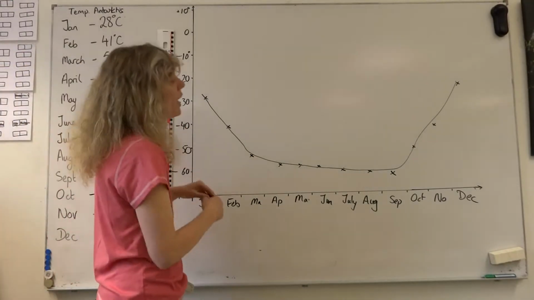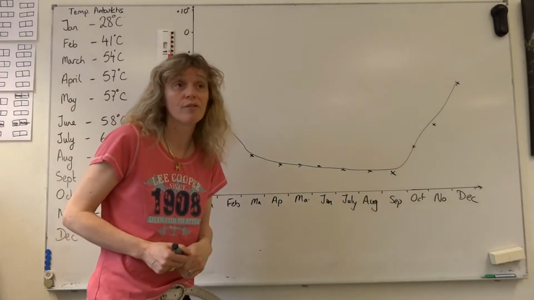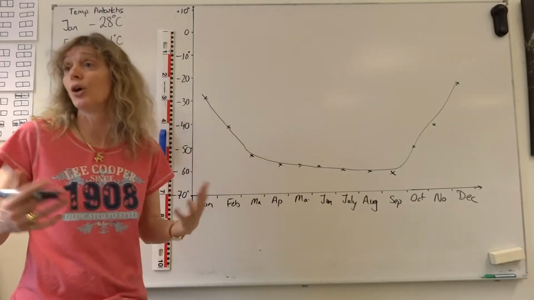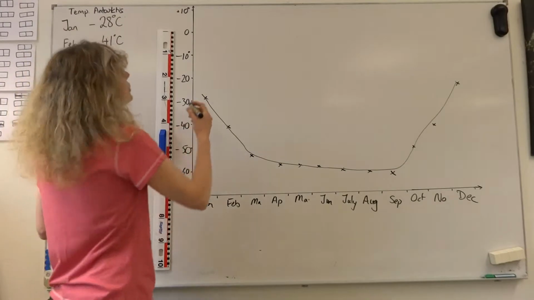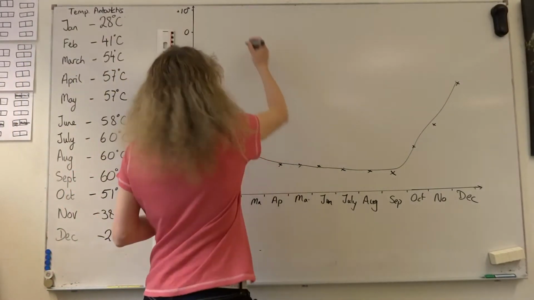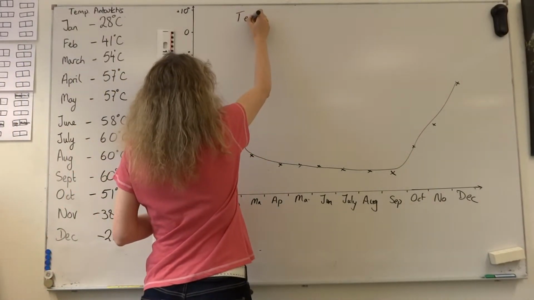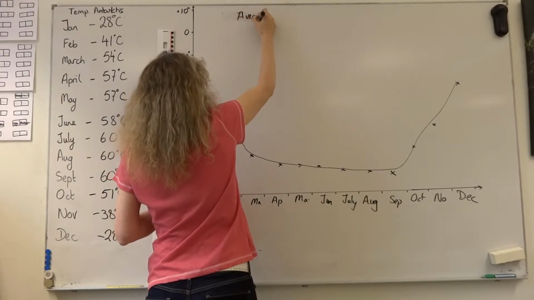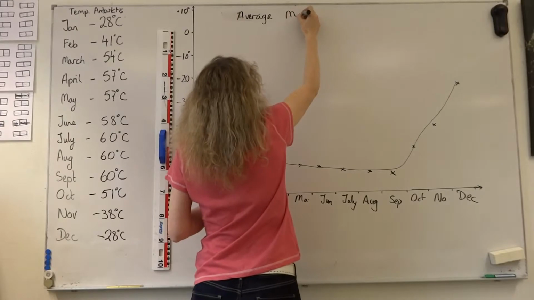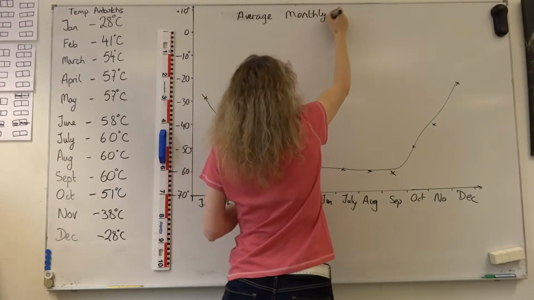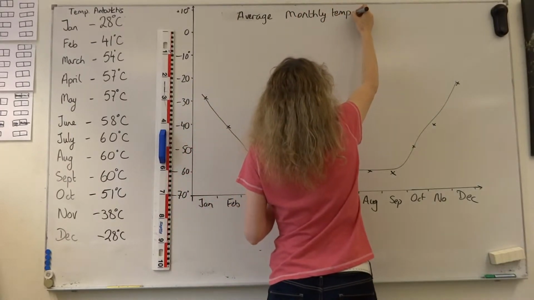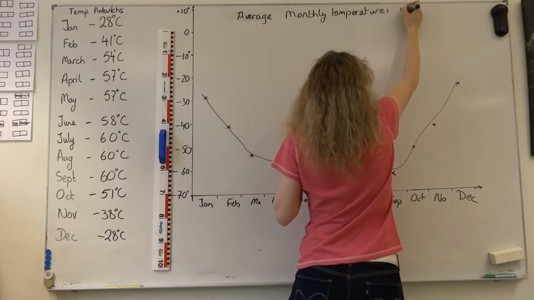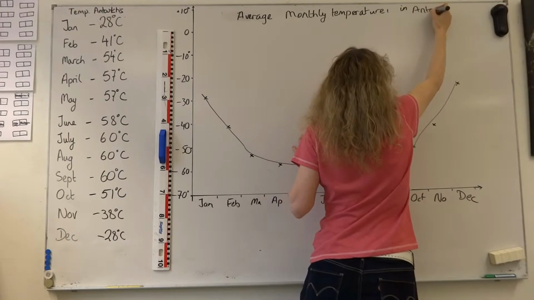Okay, so we must label our graph, because this means absolutely nothing until we tell you what we're actually going to do here. So we must give it a title. Average monthly temperature in Antarctic.